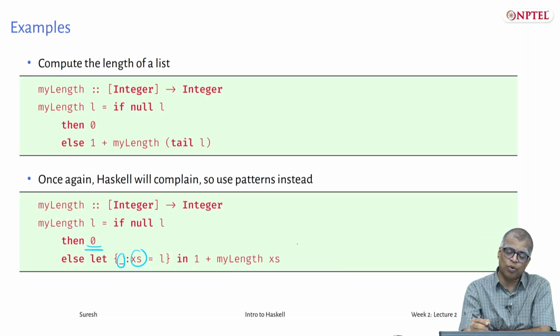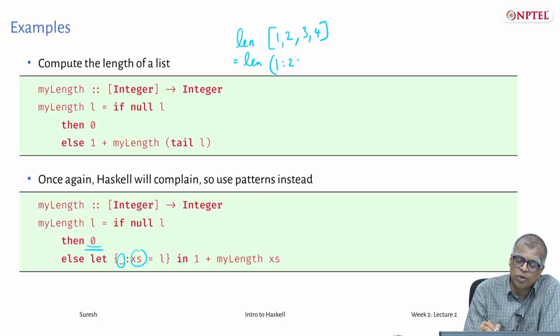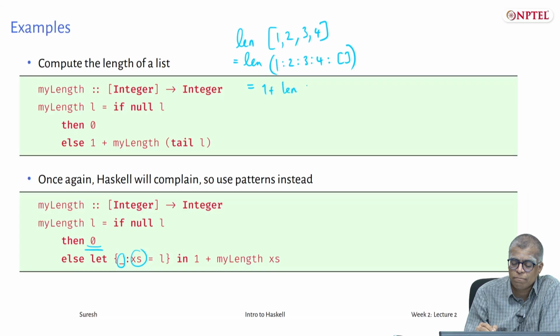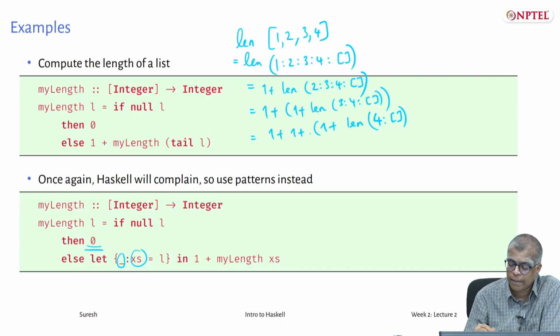Okay. So if you want to talk about length, let me use len of 1, 2, 3, 4, let's say, equals, you will recall that this is nothing other than 1 colon 2 colon 3 colon 4 colon empty list, and this would simplify to 1 plus len of 2 colon 3 colon 4 colon empty list, which will simplify to 1 plus len of 3 colon 4 colon empty list, which should simplify to 1 plus len of 4 colon empty list, which should simplify to 1 plus len of empty list.